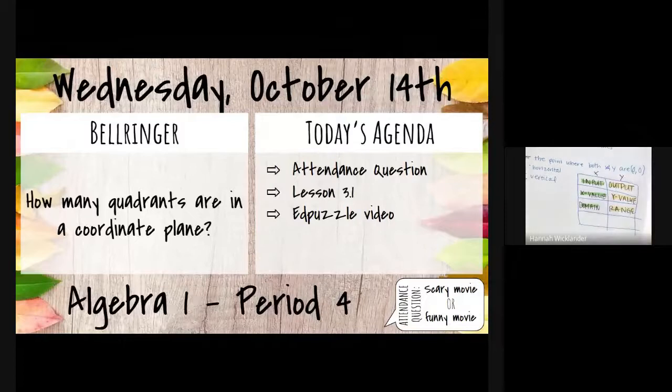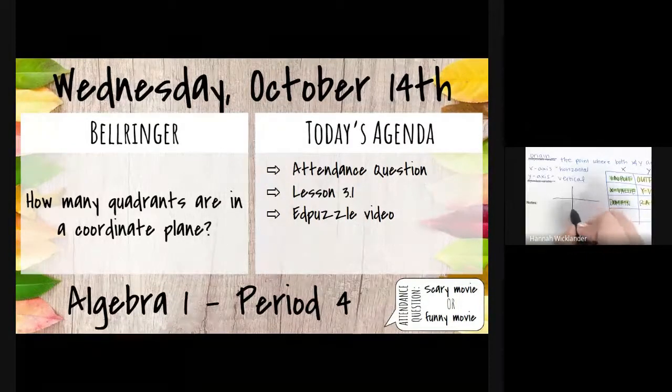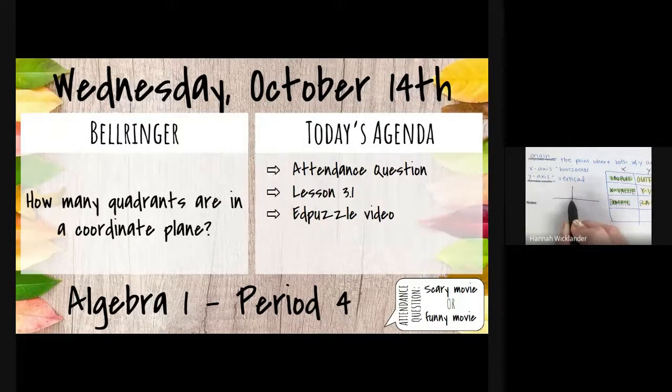Today you are going to do an Ed Puzzle video, but with a coordinate plane, you have the x-axis, which is the horizontal line. This is your x-axis. And then you have your y-axis, which is the vertical line.